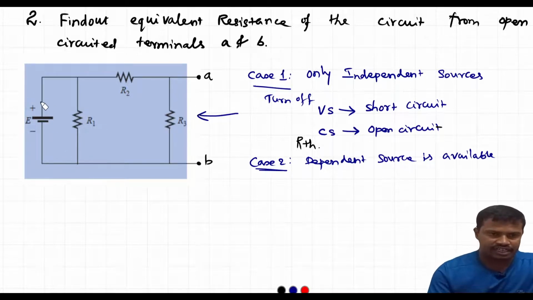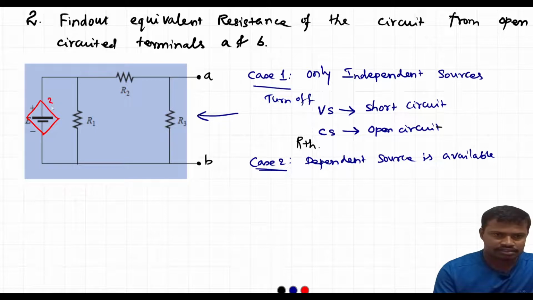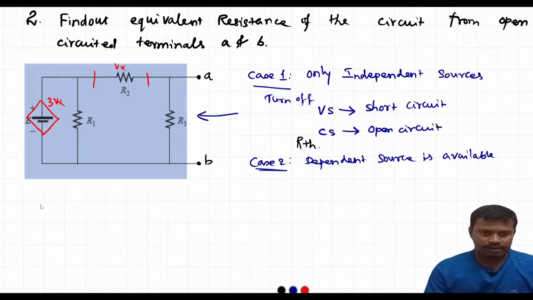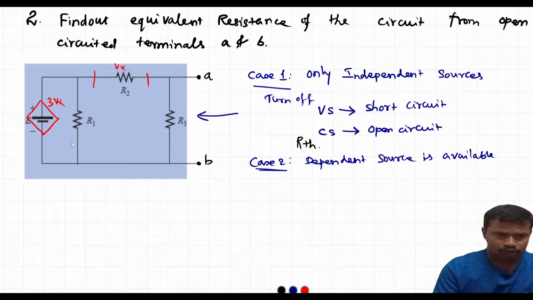For better understanding, we will draw one dependent voltage source, plus minus 3Vx, and the voltage across R2 is Vx. In this case, the dependent voltage source is controlled by a circuit variable, that is voltage or current.